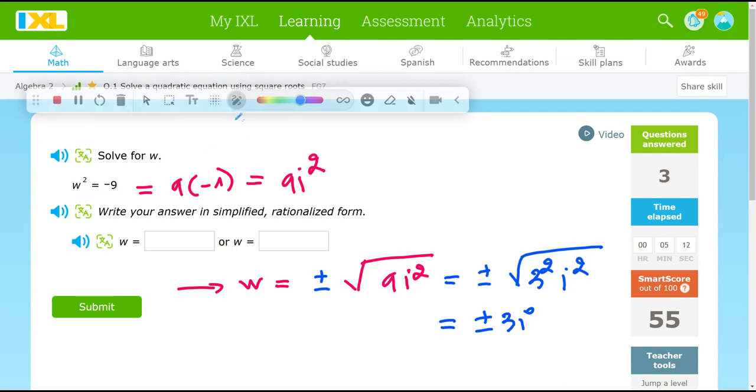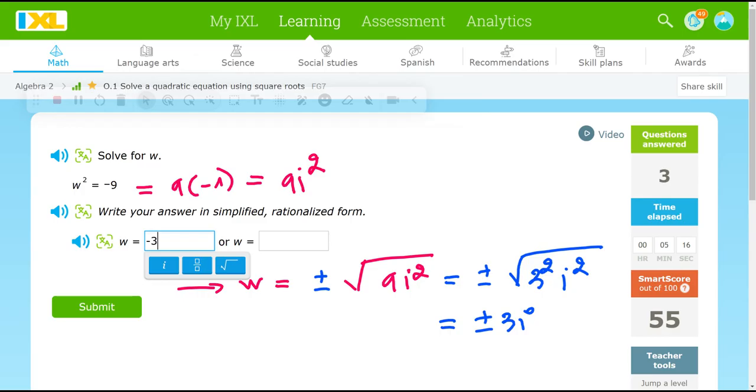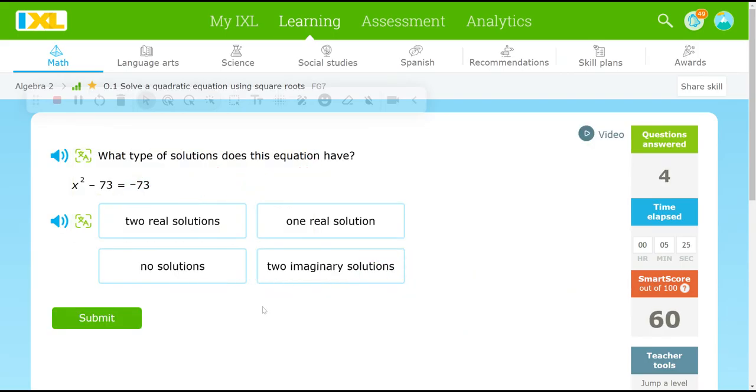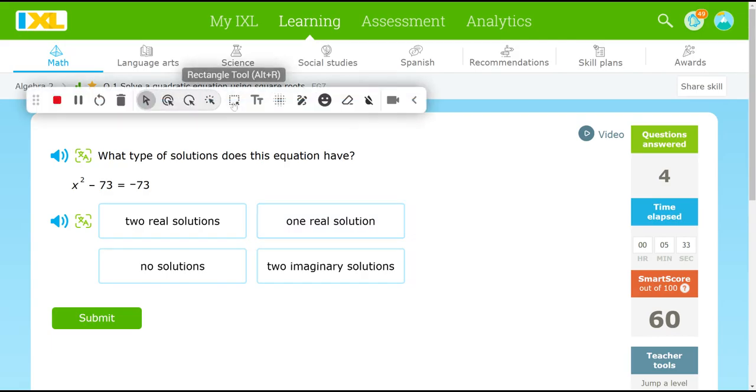Now I put the answer in: negative 3i and then positive 3i. Alright, submit, voila.